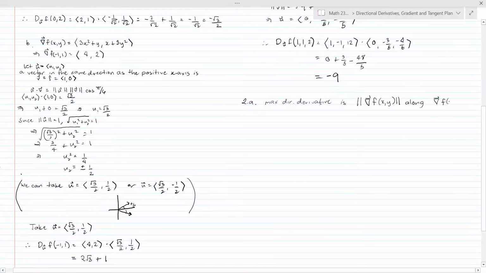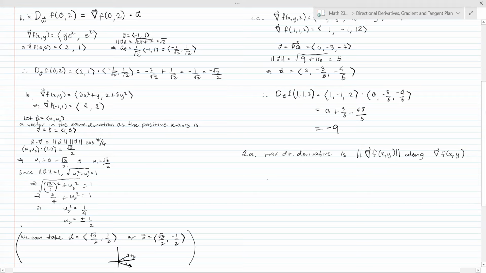So kung apply natin yung result na yan sa number 1, we have 1a.